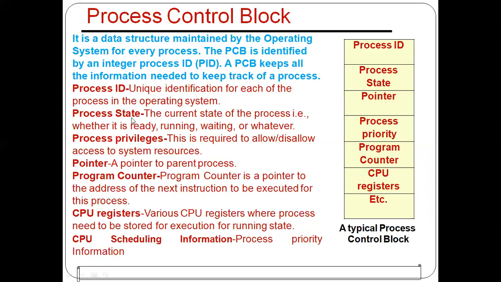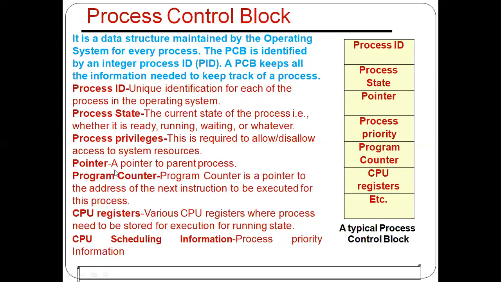And next, process state, the current state of the process, whether ready, running, or waiting, and process privilege. This is required to allow or disallow access to the system resources.